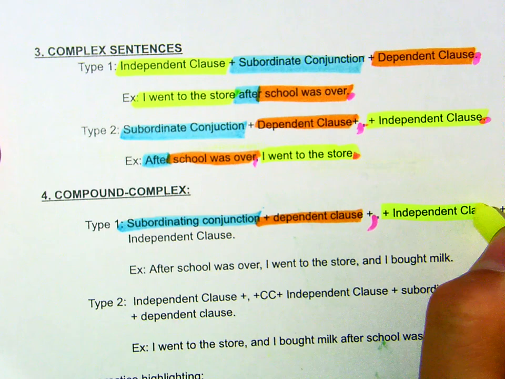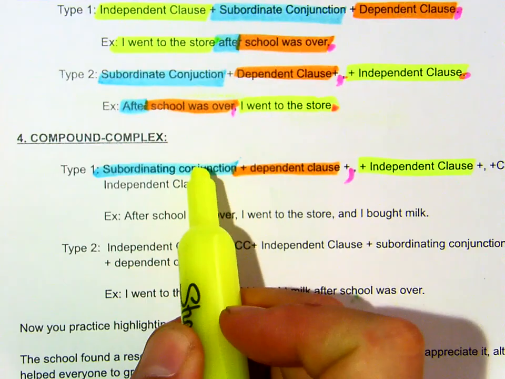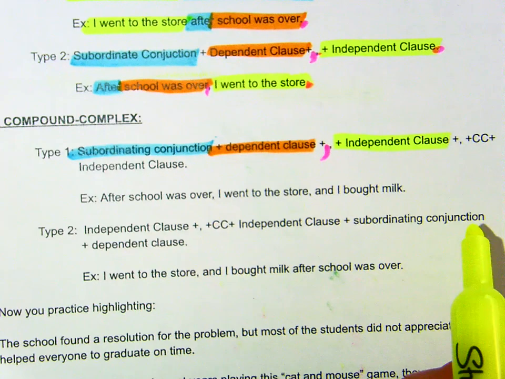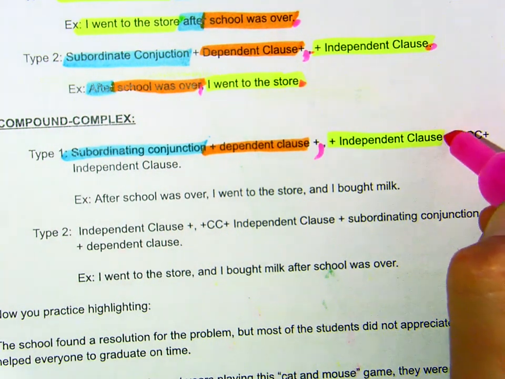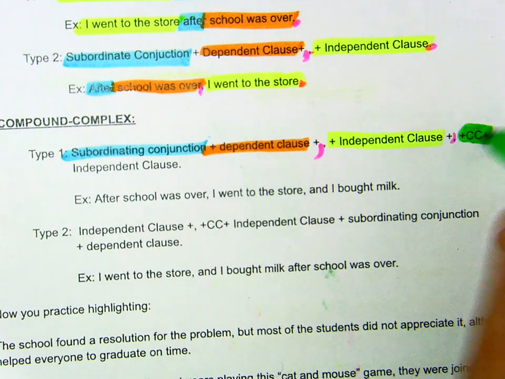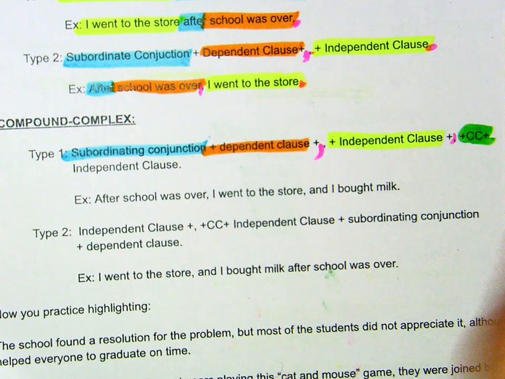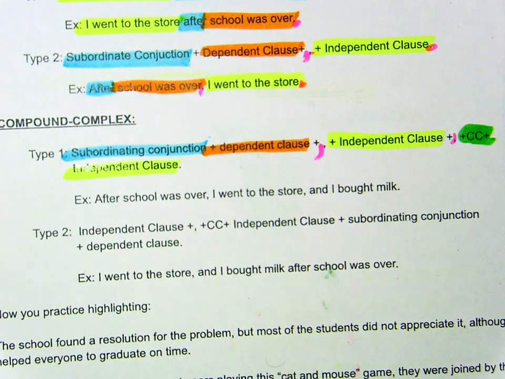So notice right now it's pretty much what you just learned, a complex sentence. But now they're going to add on another comma, a coordinating conjunction, an independent clause, and then of course a period.